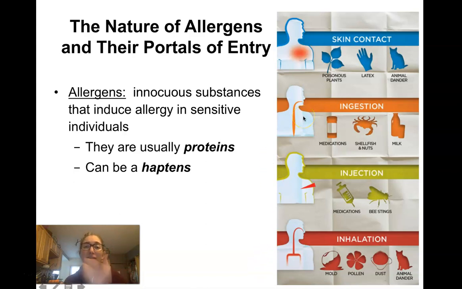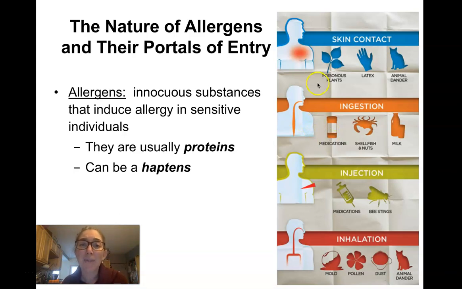You can have allergens that are ingested, food like nuts and shellfish, which are very common food allergens. Medications, drugs, can act as allergens. Now, medications are usually not proteins, so the medication itself is not complex enough to be an antigen or an allergen.